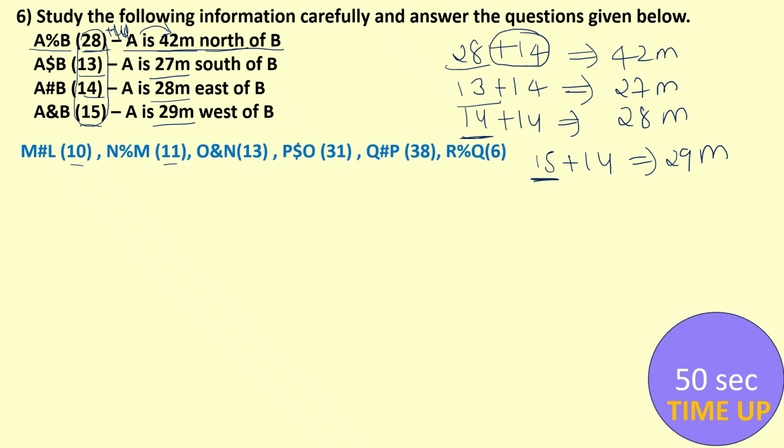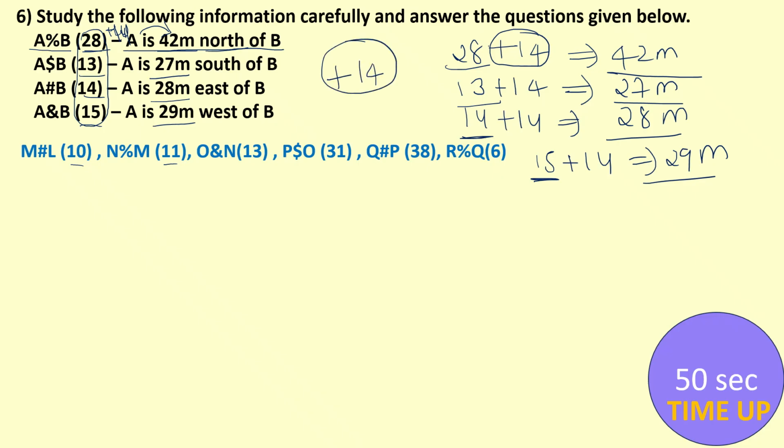How did you get to know plus 14 is added? 42 minus 28, you will get 14. So for 28 when you add 14 you will get 42 meter. Similarly you get 27, 28 and 29 meter. So plus 14 is being added.